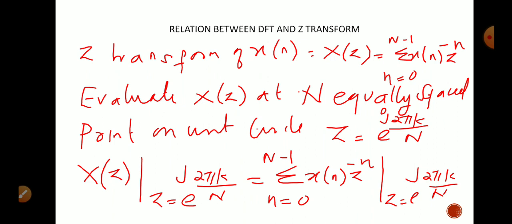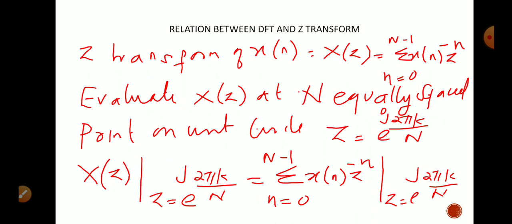In the relation between DFT and Z transform, first the Z transform of the N-point sequence x(n) is calculated. Here X(z) equal to summation 0 to N minus 1 x(n) into z raised to minus n.